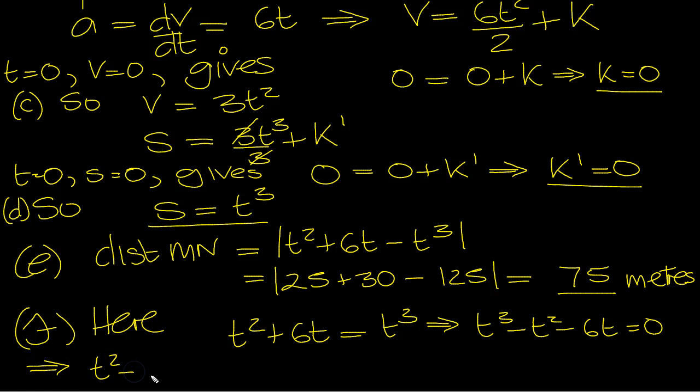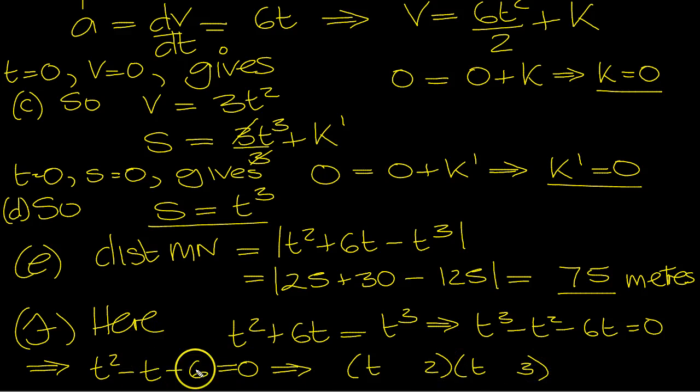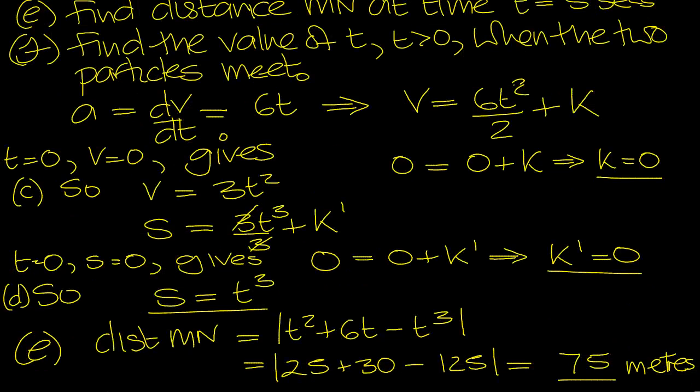We get t squared minus t minus 6 equals 0. Factorize: t and t, and 3 and 2. This will be t minus 3, t plus 2. That tells us that t must equal 3 because t is bigger than 0. And there's the time, t is equal to 3 seconds.